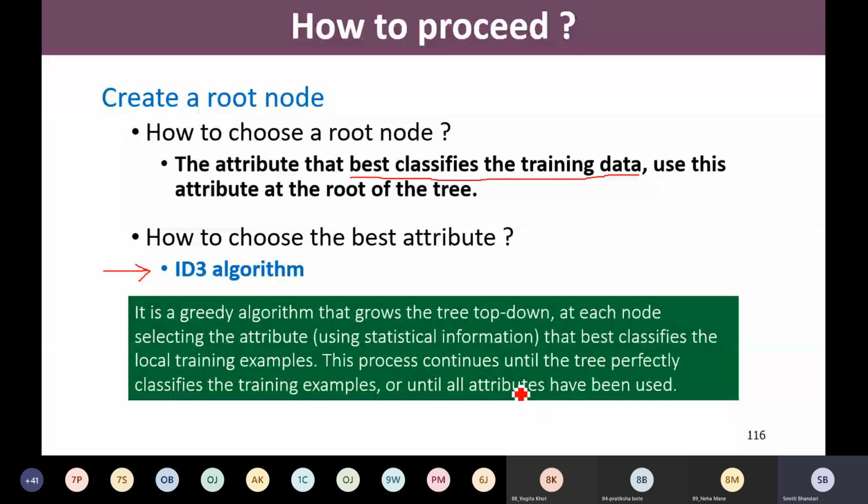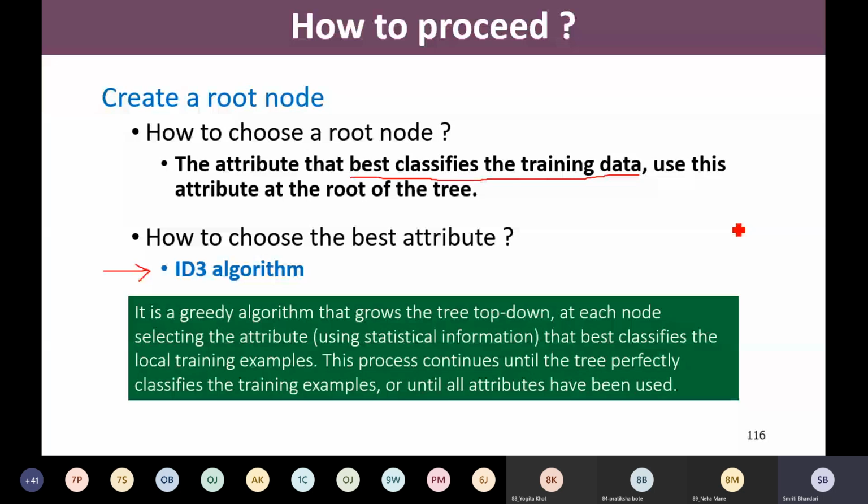In fact, the ID3 algorithm is a greedy algorithm that grows the tree top down, meaning this algorithm first selects the root node, the top node, then according to some criteria, at each node, this algorithm will select the attributes based on some statistical information that we are going to compute. Based on that statistical information, it is possible for us to identify the attribute that best classifies the training examples.